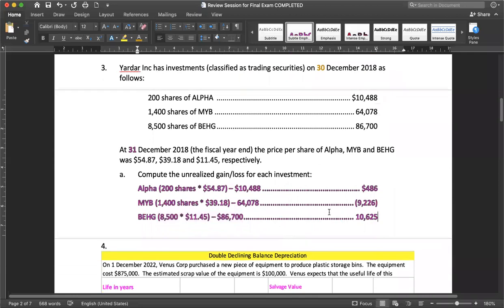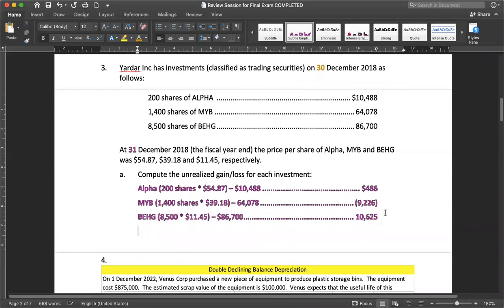So overall on their portfolio, this is the total unrealized gain slash loss, which is the sum of those three.